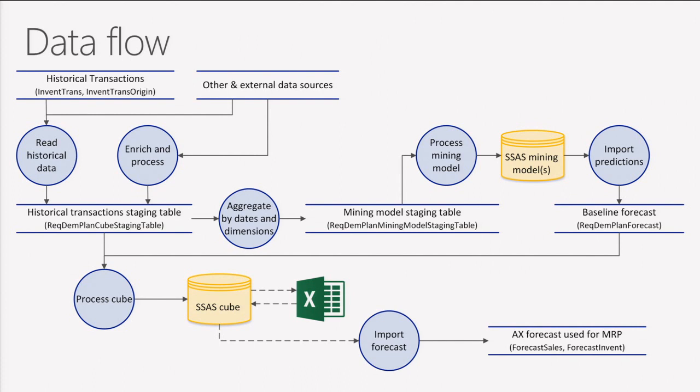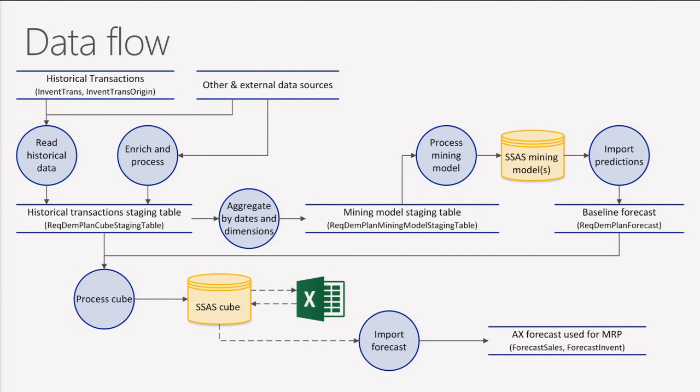So another process is run in order to read the data from the SSAS cube and put it back into AX so it can be further used by MRP. So overall, the story is like that. The historical transactions from the InventTrans are read into the staging table.